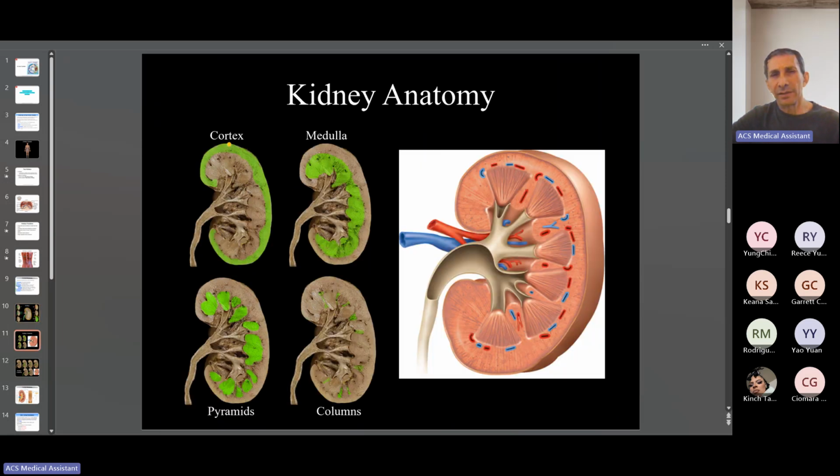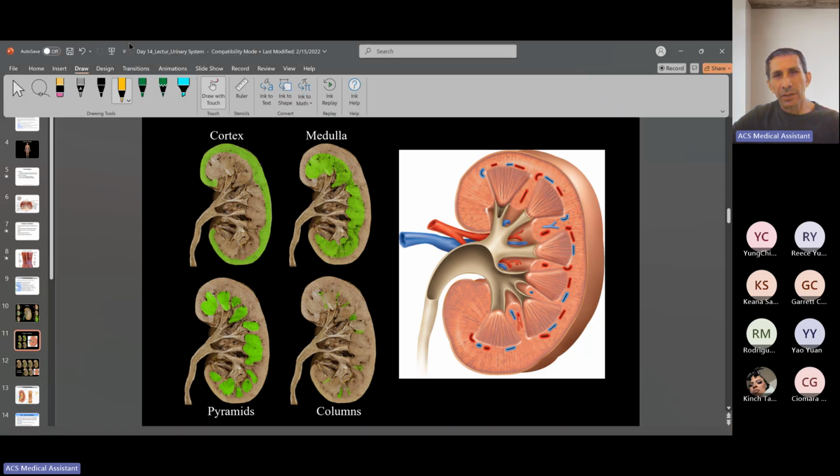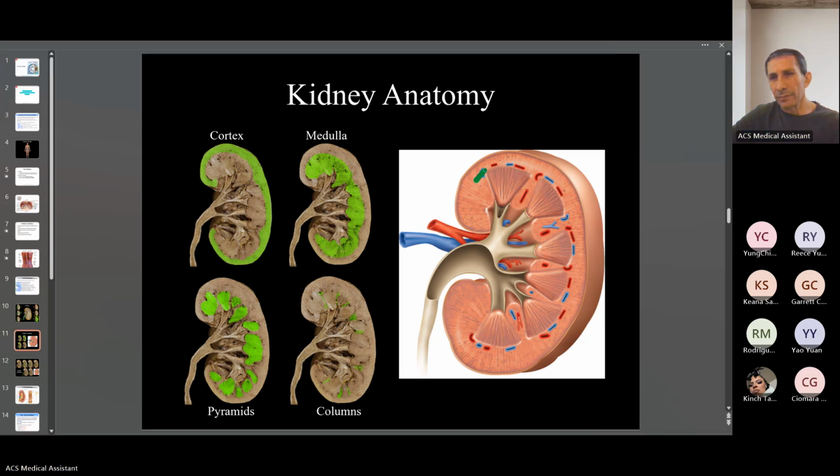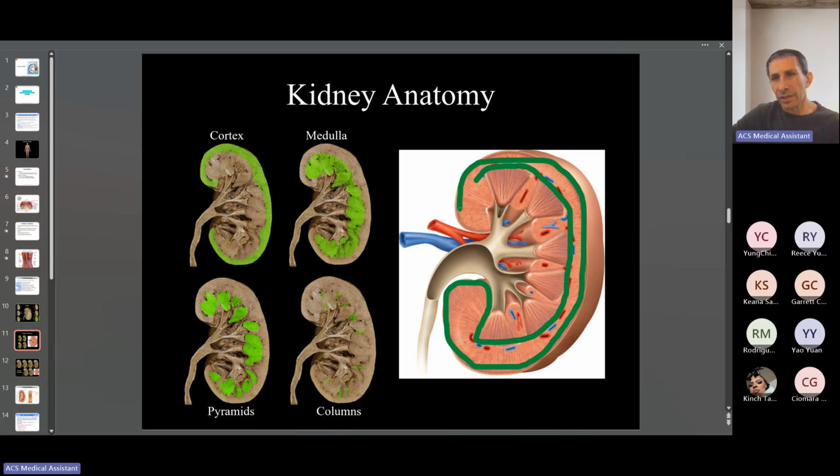The cortex. See, the cortex is the outer part of the kidney. So in this case, look at the other diagram that I have right here. All this part on the outside, this is the cortex, the renal cortex.